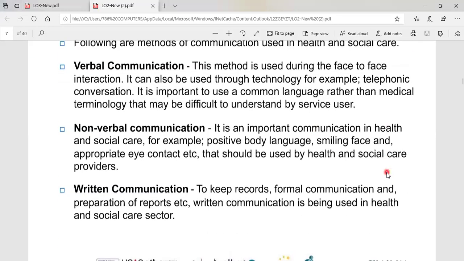So non-verbal communication, such as your body language, your smiling face, just putting your sleeves up, elbow length, could also help, just to make them aware that you're there and you're giving them a safe, respectable environment that they require. Appropriate eye contact should be there.